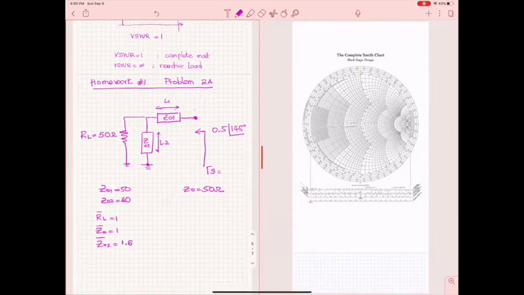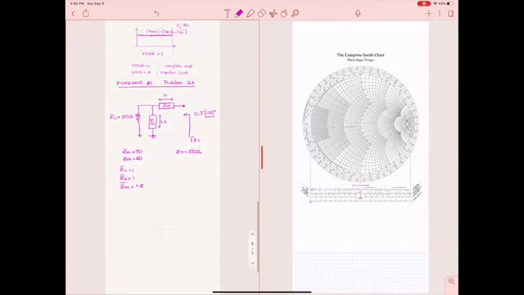Now, what we want to do here is see gamma sub S when I look to the left. The equivalent I can write is the following. I could write this as a load at the end, Z sub S, that creates a gamma sub S reflection compared to Z naught.